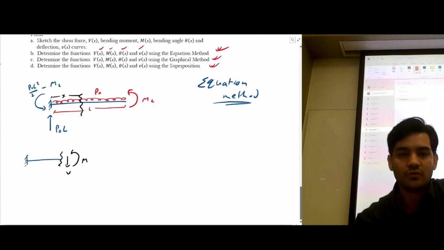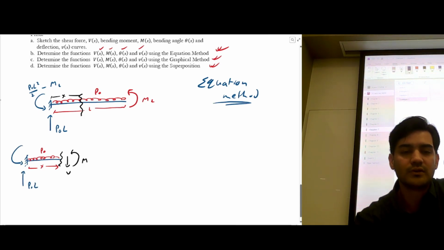We already know this is P naught, this distance is gonna be x, and the reactions we have already calculated, which is P naught L, and the moment reaction, which is P naught L squared by 2 minus ML.